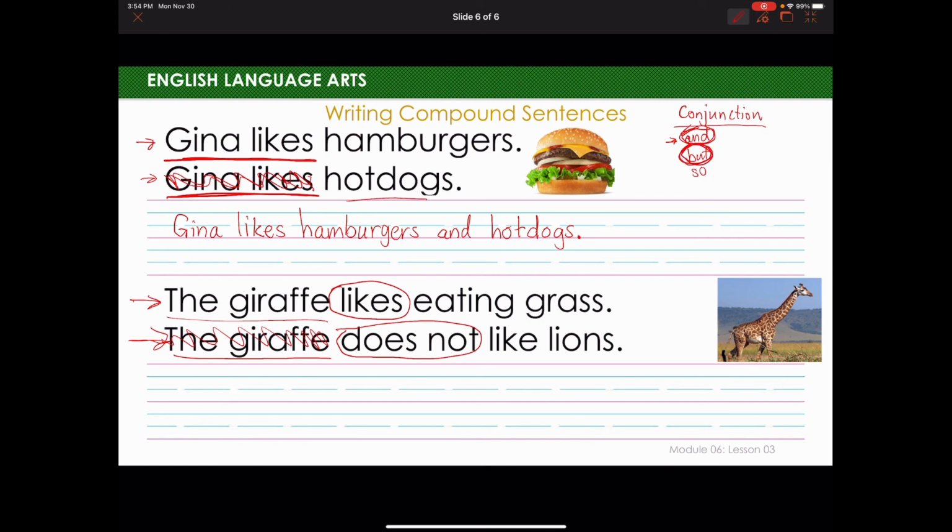So here we go. The giraffe likes eating grass, but does not like lions.